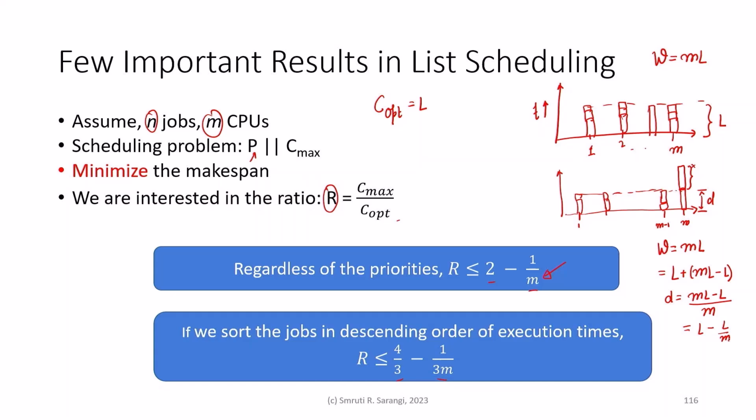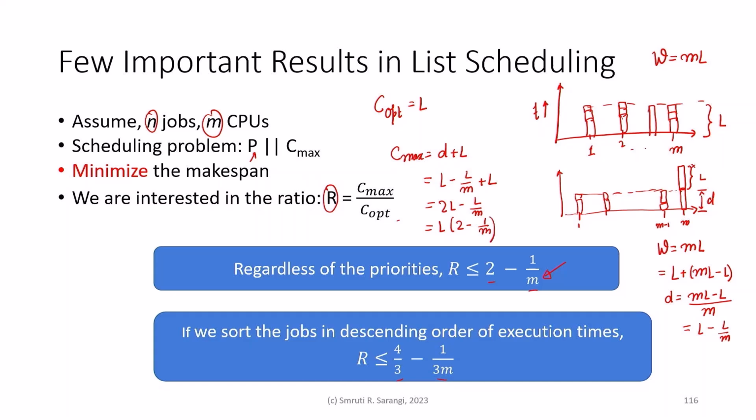So what is Cmax? Cmax in this case is equal to D plus L, where D is L minus L by M, plus L, which is 2L minus L by M, which is equal to L into 2 minus 1 by M. All right?